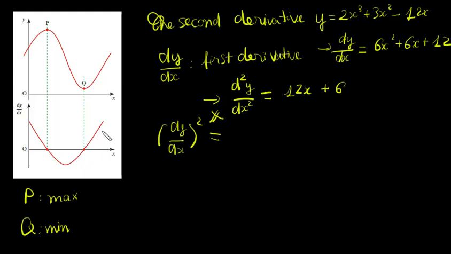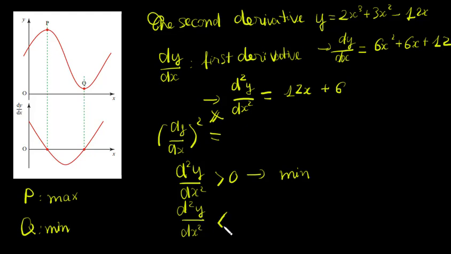Here is a negative gradient and here is a positive gradient. So from here we can say that if d squared y over dx squared is greater than 0, that one is a minimum point. But if d squared y over dx squared is smaller than 0, that one will be a maximum point.